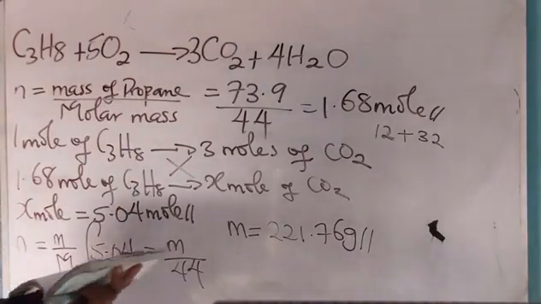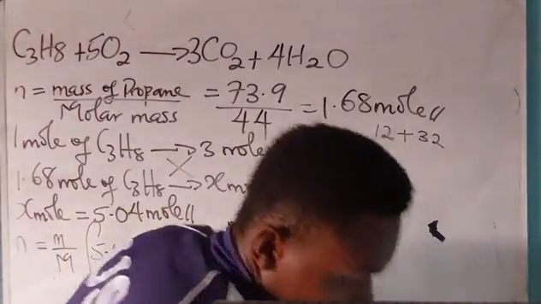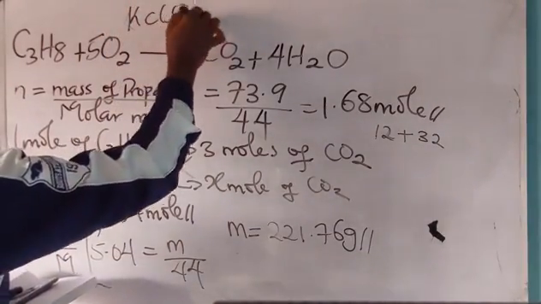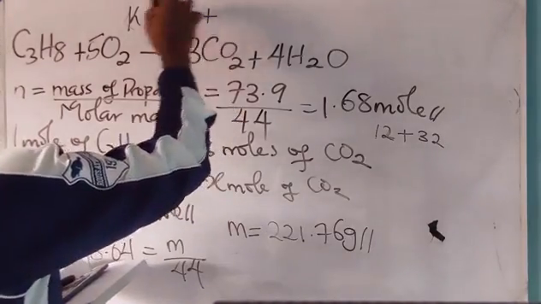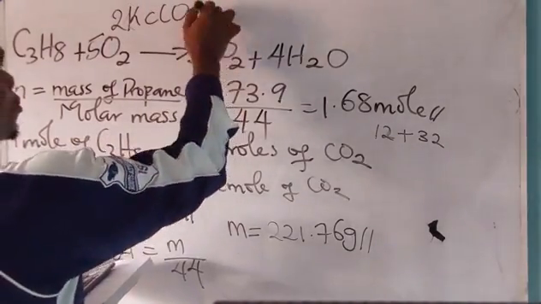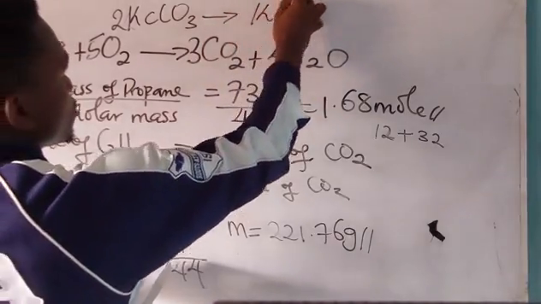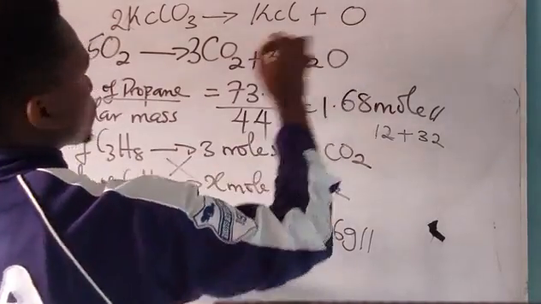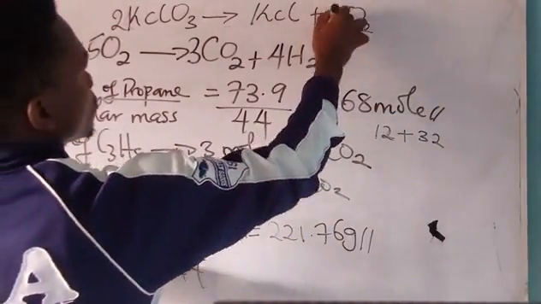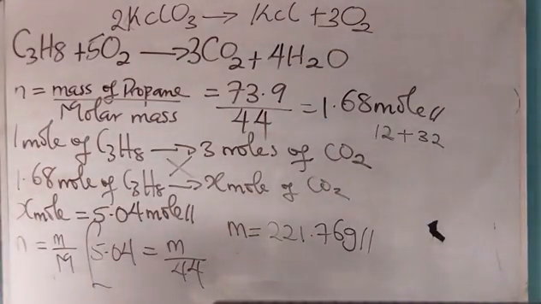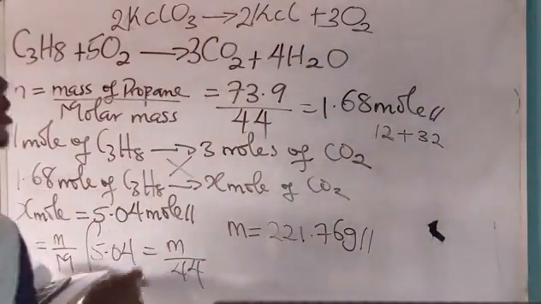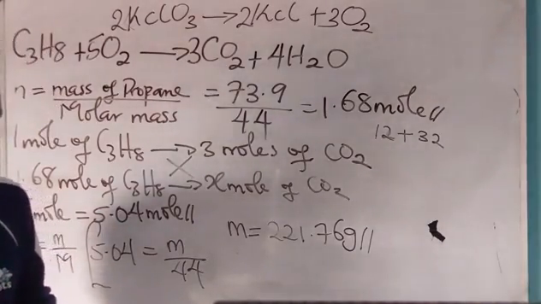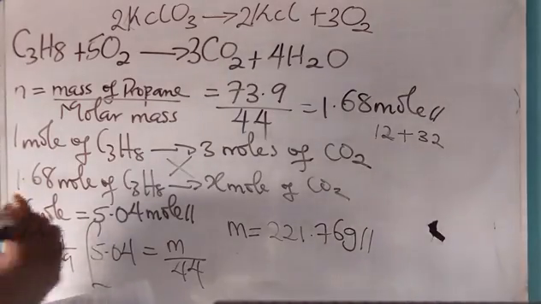You have KClO3, we balanced it before, to give potassium chloride plus what? Oxygen. I think we got that before, yeah. Then 2 at the back of this place. Now they said, how many grams of oxygen can be made from 2.47 grams of propane? It is very easy.